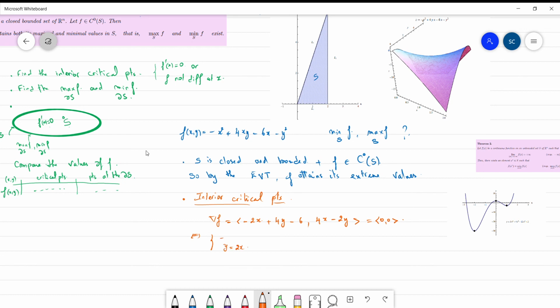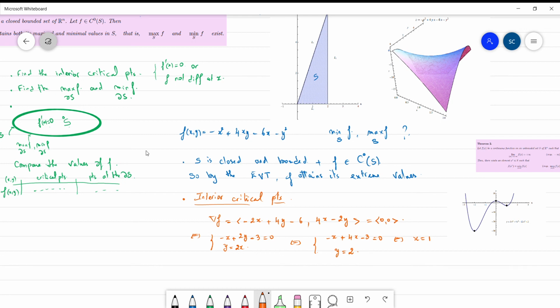The first one, minus 2, let's simplify by 2, so it will be minus x plus 2y minus 3 equals 0. By substitution you get minus x plus 4x minus 3 equals 0, which gives me x equal 1. Then y will be 2. So we have the only point 1, 2.